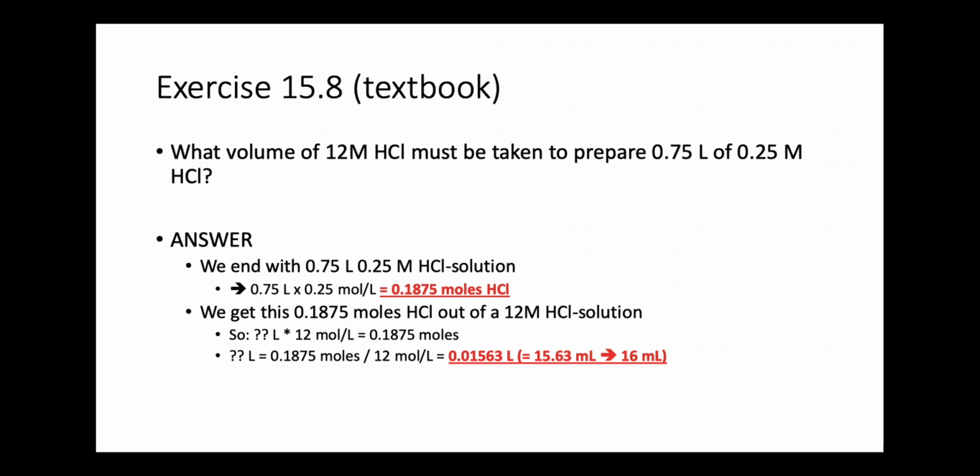That means the unknown volume is 0.1875 divided by 12, and that's about 0.01563 liters, or that's about 15.63 milliliters, and let's round it to 16 milliliters. That's what I need. I only need 16 milliliters and fill it up with water to have at the end 0.75 liters of 0.25 M HCl.